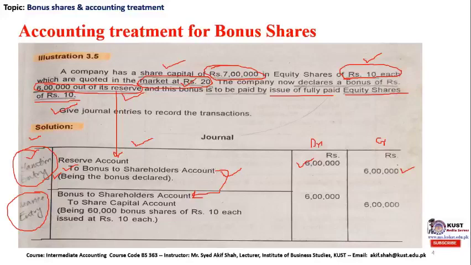So in our first entry, bonus to shareholder account was in the credit section. So in order to cut off this impact or to remove the balance from the bonus to shareholder account, we are required to perform a debit entry with the same title.